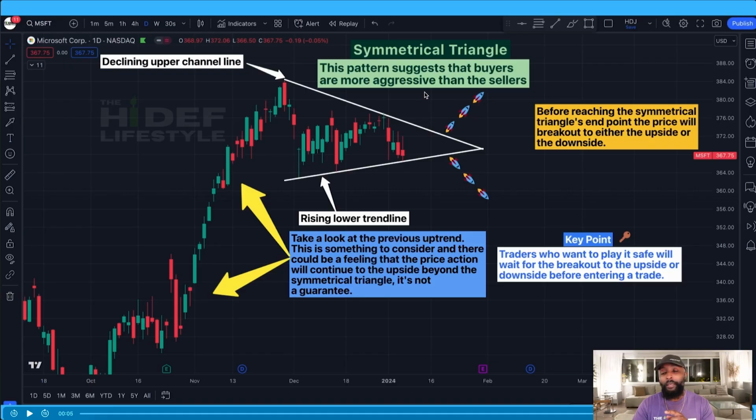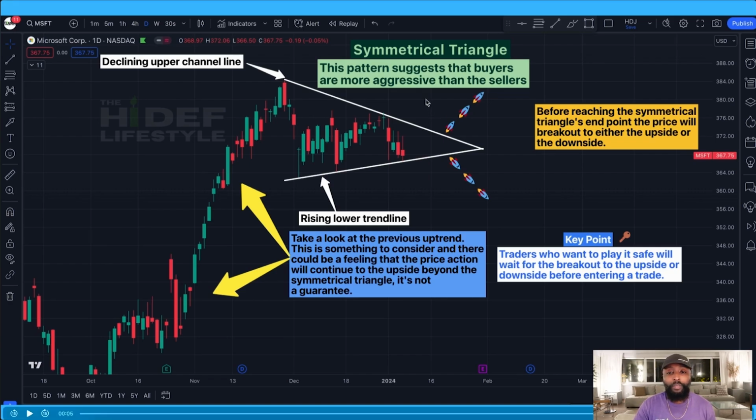Sometimes you'll get the break and then it'll come back down to retest the upper trend line and then push to the upside. So a lot of people like to wait for retests. Make that note again. A lot of people like to wait for retests. Sometimes they don't happen, but when they do, you'll be glad you did wait for them.